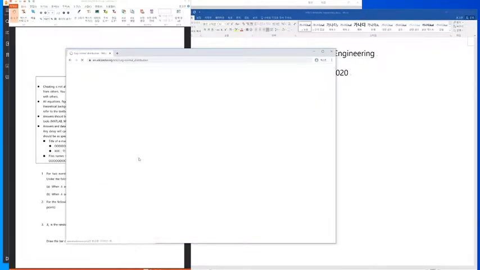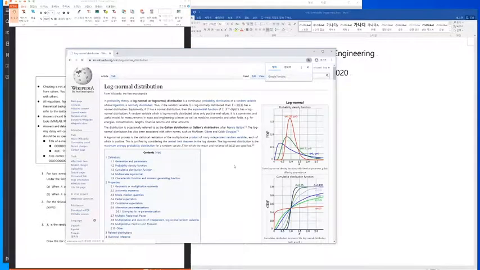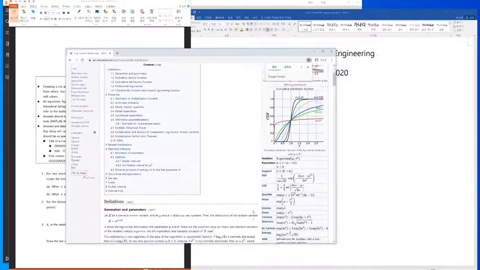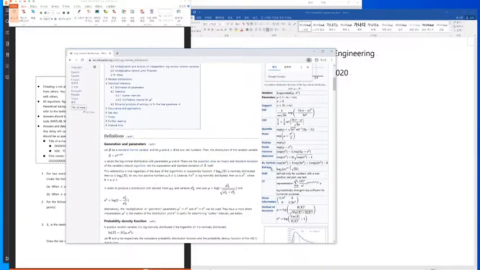If you look at the Wikipedia page for the log normal distribution, you will be able to find how to find the median and mode of this distribution. Because all this information was available to you.